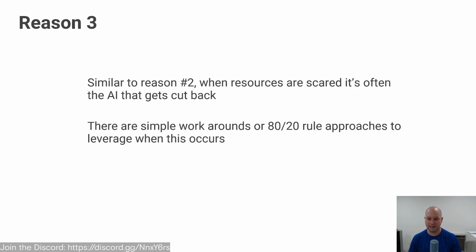And so very often AI is on the cutting block, along with other things, certainly, but people don't like to cut graphics, for example, and folks don't like to cut animation or audio things because those are directly related to maybe success of the game in terms of the user experience. And so with AI there's a lot more workarounds and shortcuts that you can take in those scenarios, and that's often what happens.